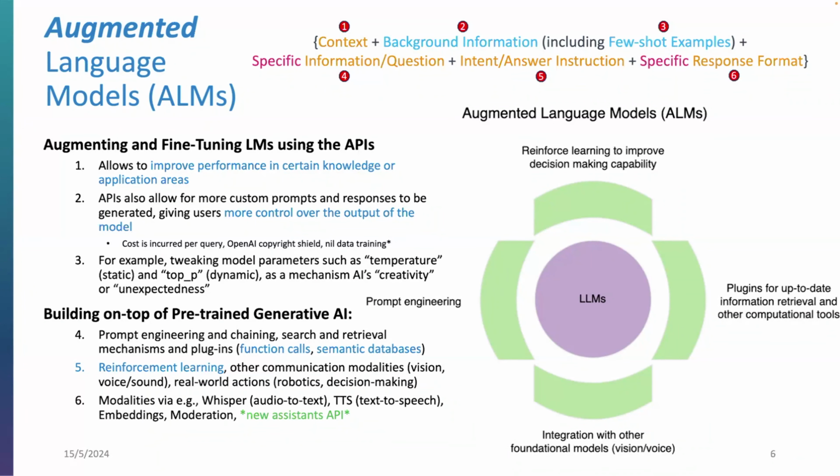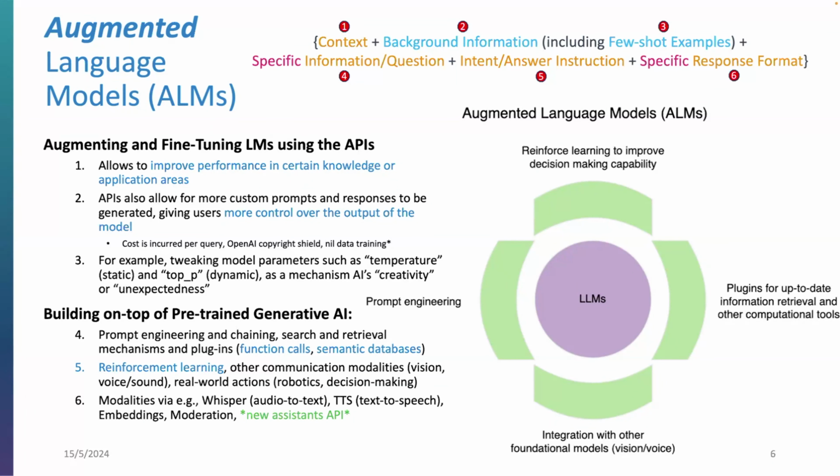I can play with top P to say, for the next token that comes, it's more dynamic: how much should I vary from this? Basically, as I'm going on the fly, how much should I stick to what I've already done versus start to stray? You can use those two together, maybe for creativity.